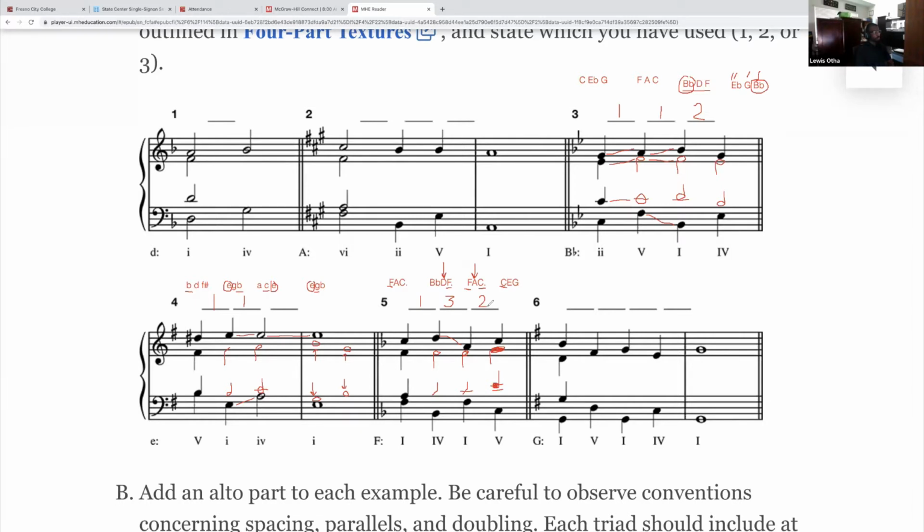I'm pretty sure we get to them this chapter or this semester. All right, number 6. Actually, we don't get to cadences until next semester. It's chapter 10, which I think is a little bit late, but oh well.